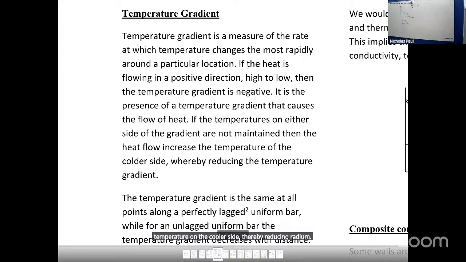So we talk about it. All that's saying there, if it's a good conductor, the heat will flow so fast that the temperature gradient becomes smaller. Right?